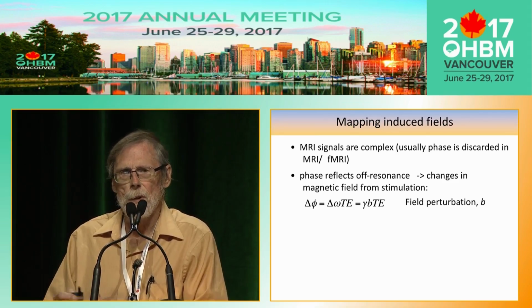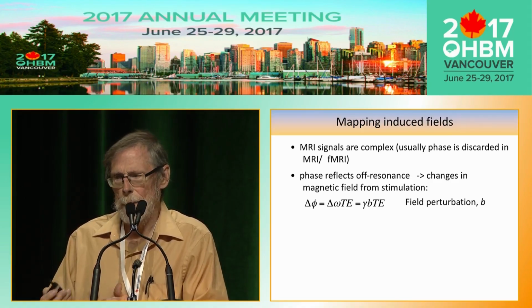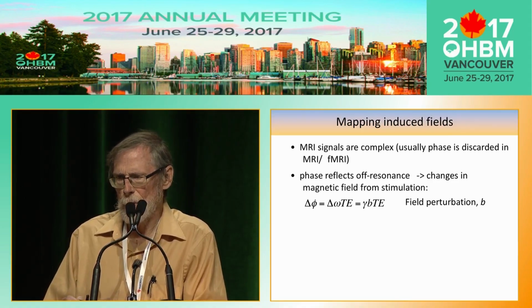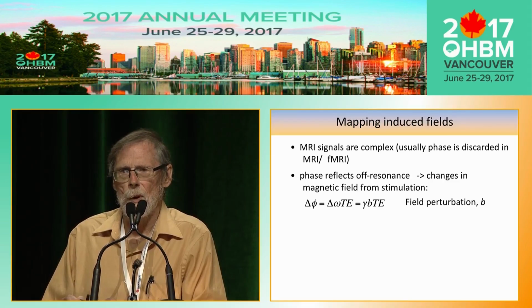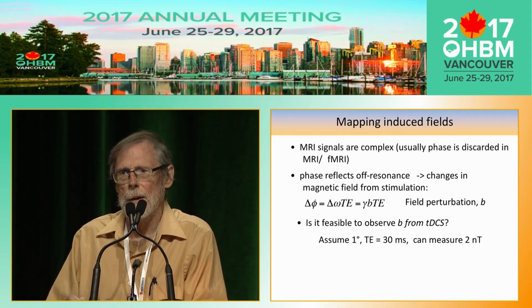And the resonance frequency, as Larry mentioned, is a function of the magnetic field. So if you're putting a current in, you're going to change the magnetic field, and maybe we can measure that. The field perturbation is going to be pretty small by injecting, say, 1 mA. The question is, can we observe that small magnetic field?